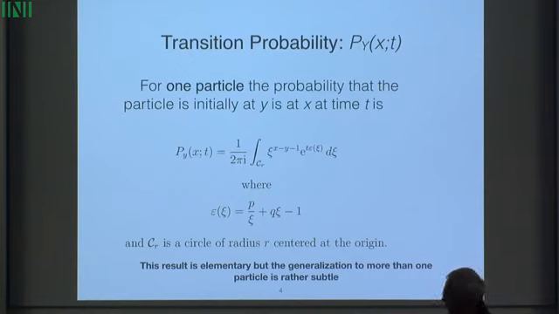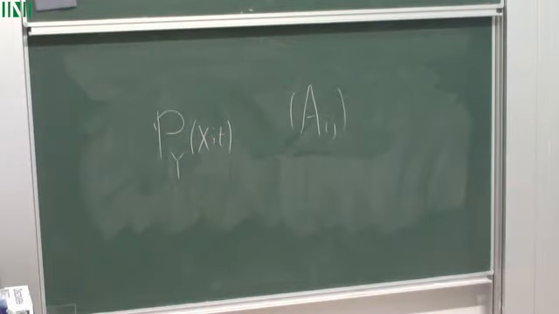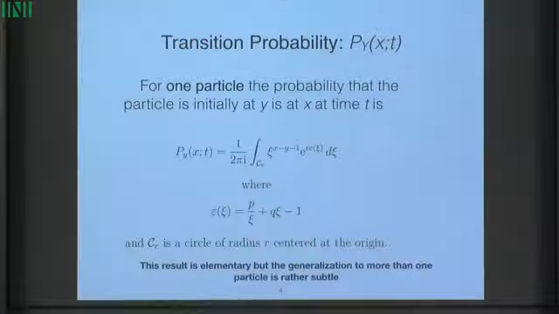So I can think of x here as a list of where the particles are, and I want the probability, starting in state y, that I'm in state x at time t. There's a lot of information in the transition probability, and generally these things are pretty hard to compute.